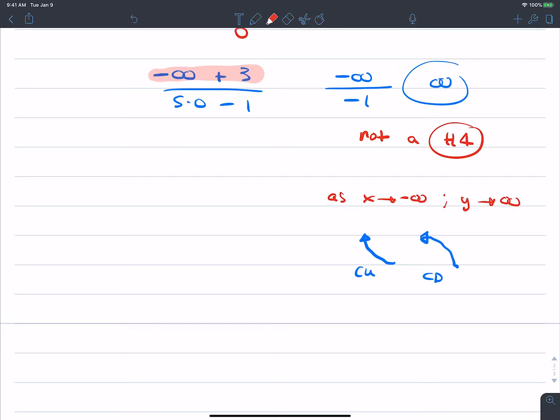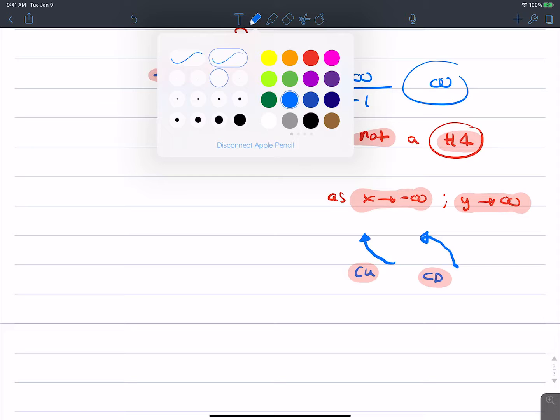So as x goes to minus infinity, which is a version of small, because the further to the left you go, the smaller the number, y is getting big. So this is either a concave up situation or a concave down situation, okay? It is not horizontal. We want to make sure you guys know this. This is not a horizontal asymptote at all. Okay, good.